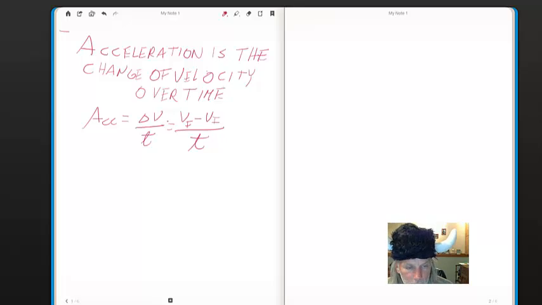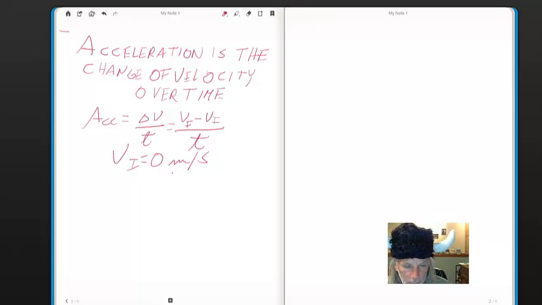When you start talking about automobiles, many times the initial velocity is going to equal 0, and we're going to use meters per second. Again, the units could be different. But when you start from a standstill, the initial velocity is going to be 0.